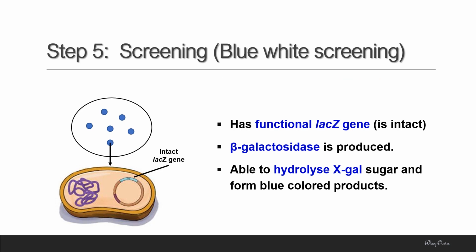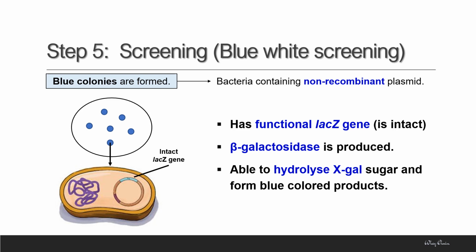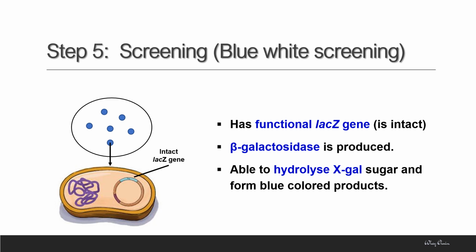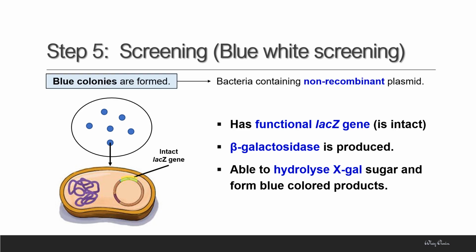I would like to start with blue colonies, which contain bacterial cells carrying non-recombinant plasmid, or we say the plasmid is still in its original form. If we look at this plasmid, which is original, that means the LacZ gene is still intact. There is no other insertion.